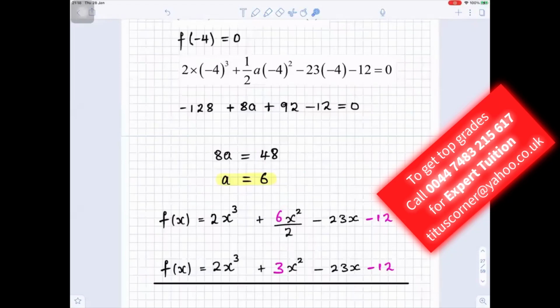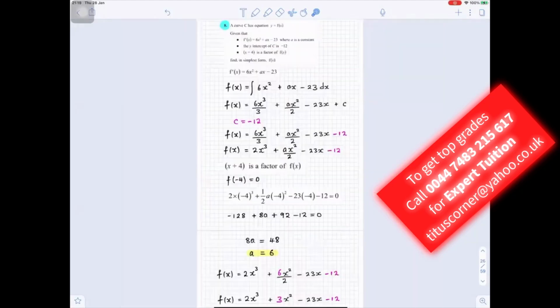So when you solve that, 8a will be equal to 48 and a would be equal to 6. Now you substitute a as 6. So your function f of x is 2x cubed, 6 divided by 2 is 3, 3x squared, minus 23x minus 12. That's what f of x is. So that's your complete answer for question number 8.